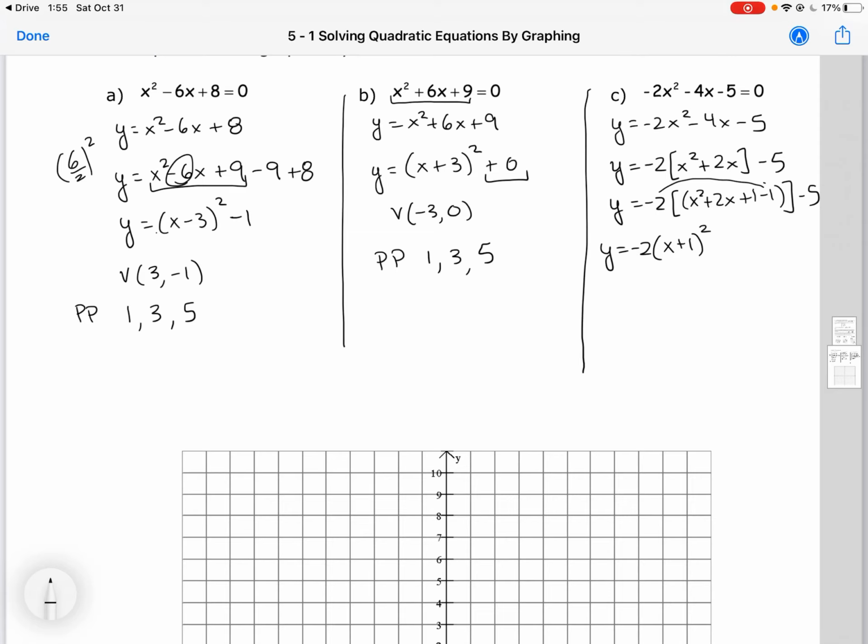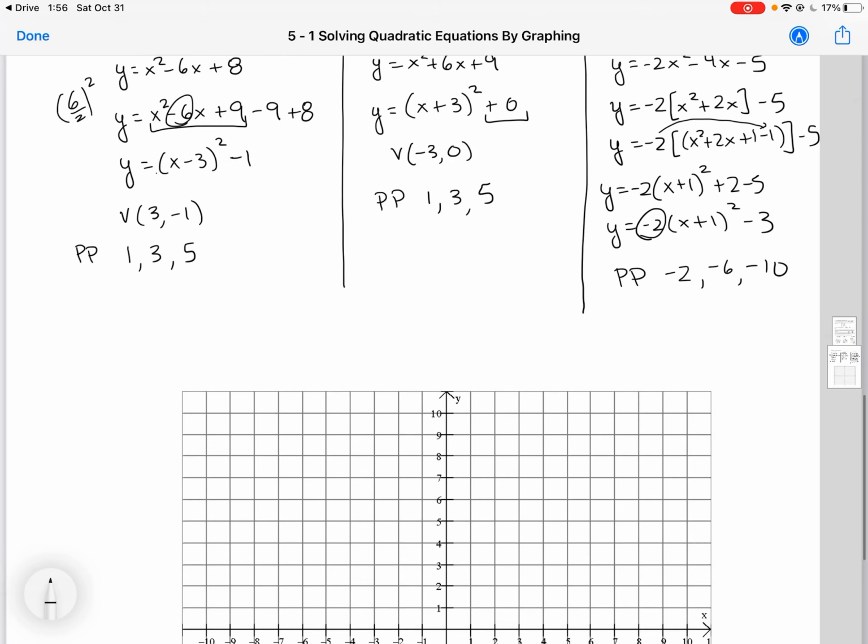And then I need to multiply minus 2 by my last one. So I've got plus 2, minus 5, which is going to give me minus 2 times (x plus 1) squared, minus 3. Now my point pattern is all going to have the 3 numbers multiplied by minus 2. So I would go over 1, down 2, over 1, down 6, and then over 1, down 10.